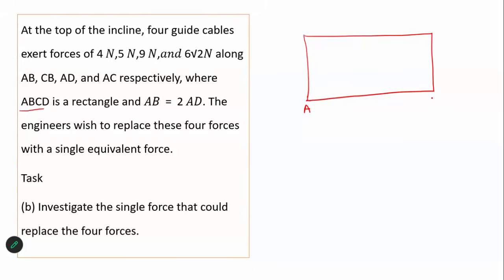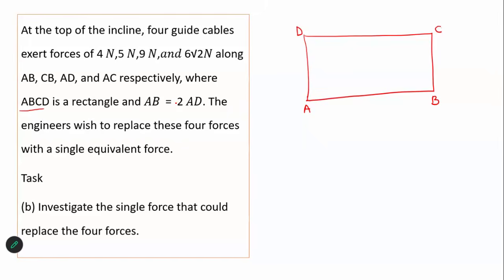So I'm going to have A, B here. I'm going to have my C here, and I'm going to have my D here. So what have they told us? Where ABCD is a rectangle and AB is equal to 2AD.